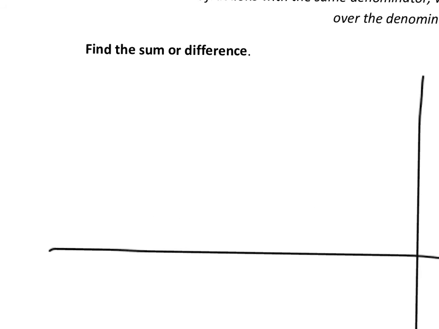For the first example, I want to add 3/8 plus 2/8. The rule I just told you about says you have to have a common denominator. Remember, the denominator is the bottom number of the fraction. They both have 8 in the denominator. Once you have a common denominator, you add your numerators.